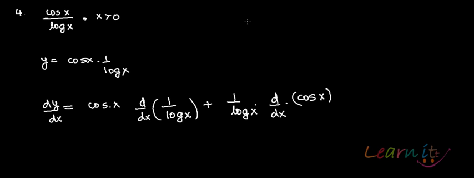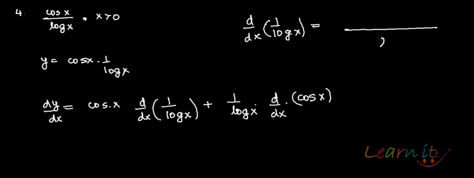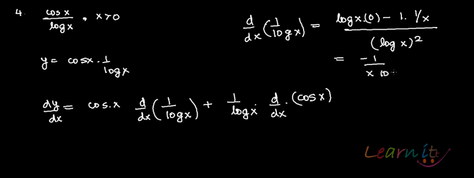Now you have to remember this, that what is the derivative of 1 upon log x? Okay, so you can write it using the quotient rule, which is denominator into derivative of numerator minus numerator into derivative of denominator, over denominator square, which is minus 1 upon x log of x square.